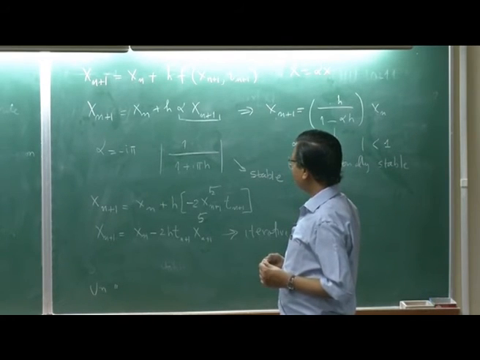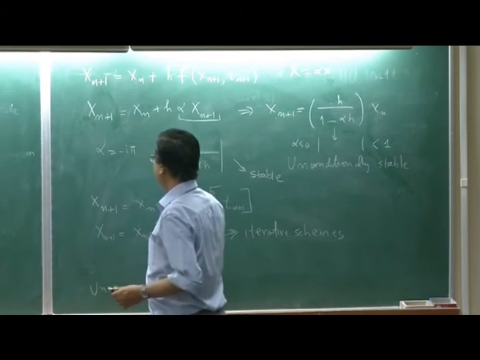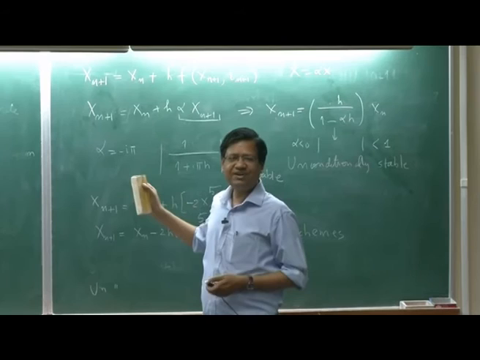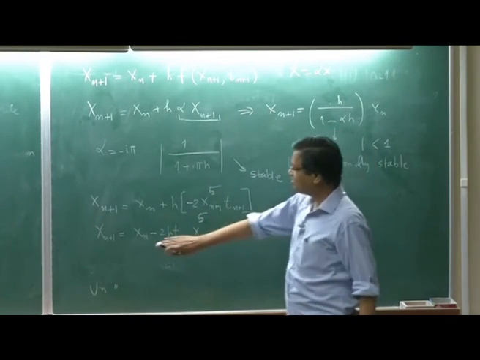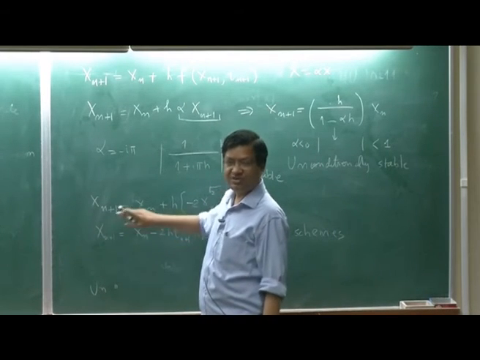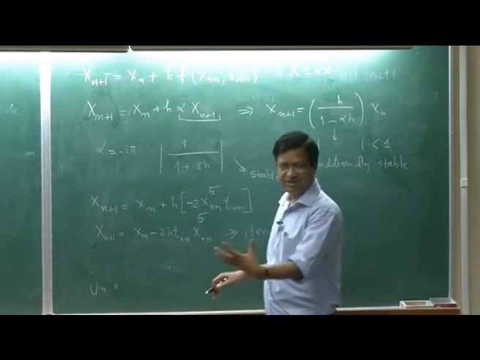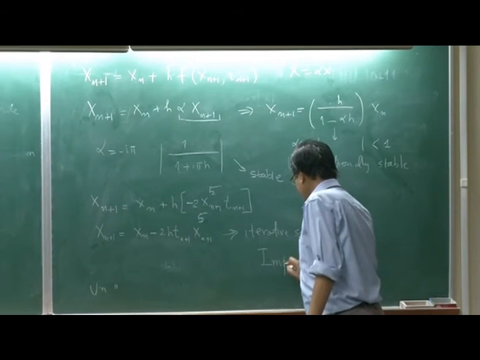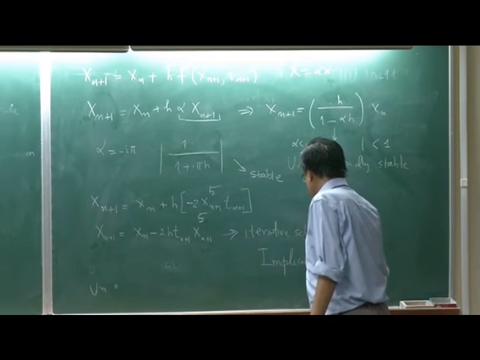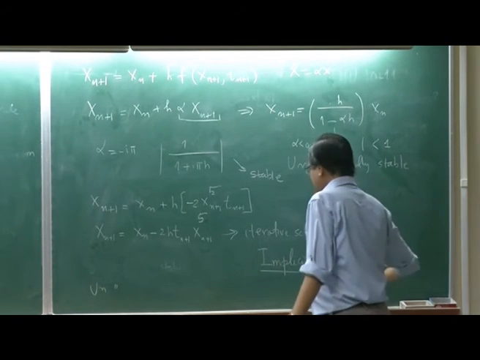So let me just mention one more thing, then I will stop. You see the advantage of these; in fact, these are called implicit schemes. So my solution is in terms of the solution itself. It is like an integral equation in quantum mechanics. These are called implicit schemes, and the others are called explicit schemes.